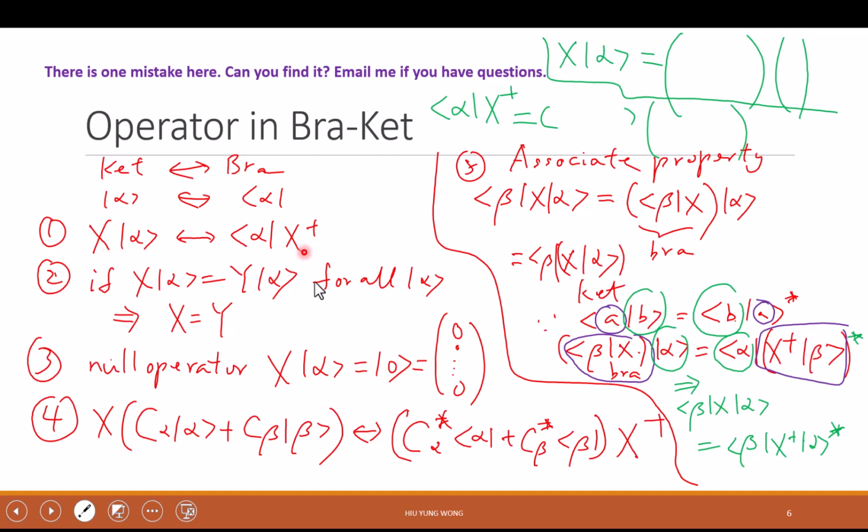It is because of this formula: I have a bra times a matrix, then its ket version is the complex conjugate of this matrix times the ket version. You may get confused because I don't have a dagger here, but it doesn't matter.